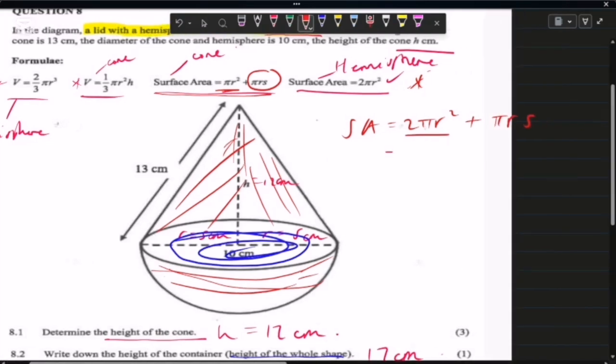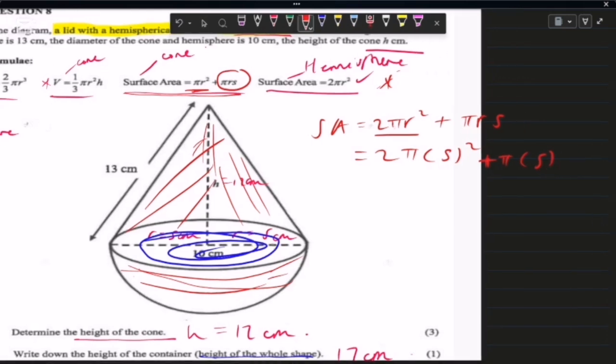And then that being said, we can just plug in our value of r. Our r is 5, so it will be 2 pi 5 squared plus pi, and then we put 5 there. Now the slant height was given to be 13 centimeters, okay? And then let's see what we get. 2 times pi times 5 squared plus pi times 5 times 13.